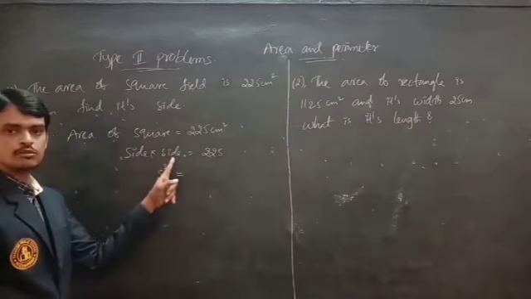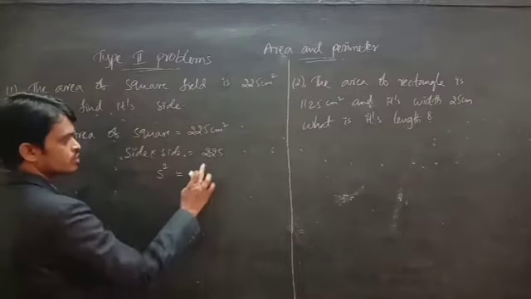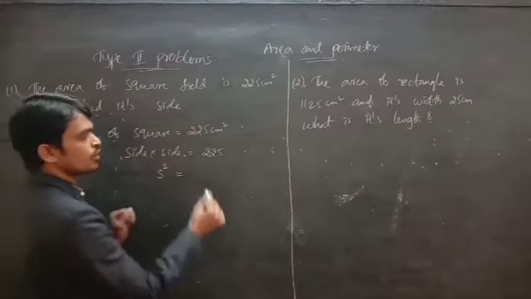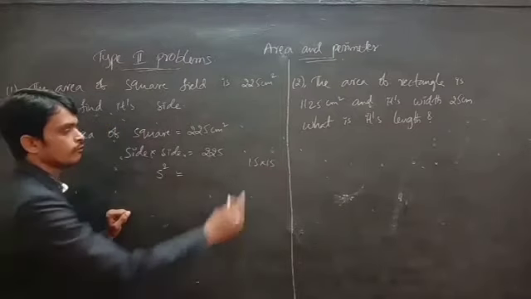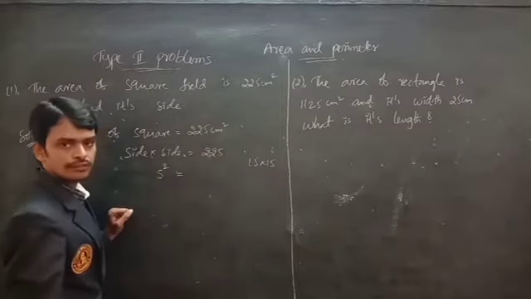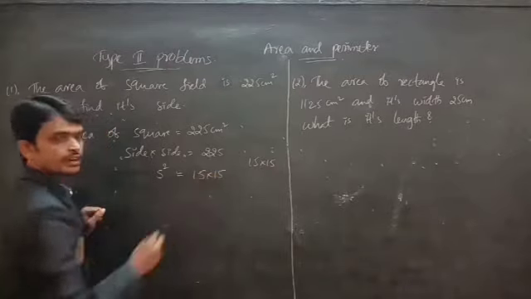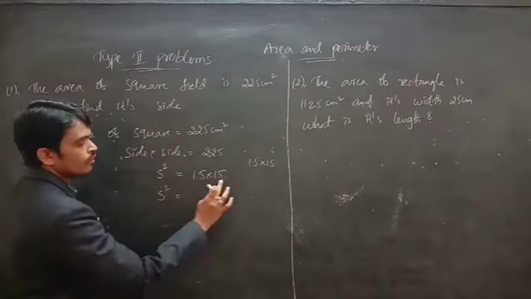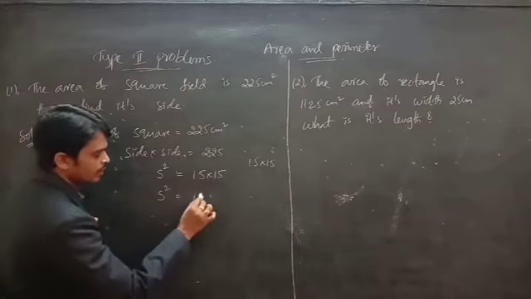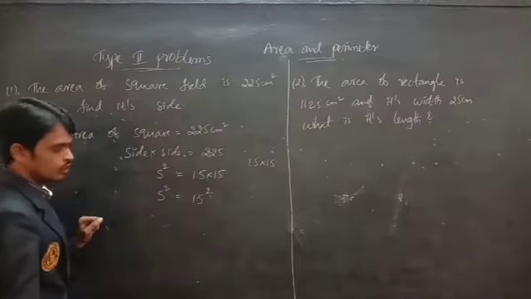Because side is 2 times. So s power 2 we can write. Now this 225 we can write as a product of 15 into 15. 15 15s are 225. So 15 into 15 we can write. Then s power 2 is equal to 15, 2 times. Then we can write it the same way as 15 power 2.